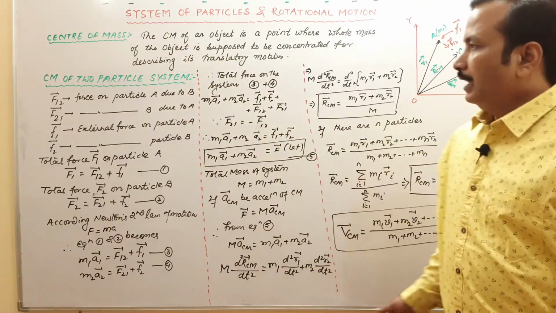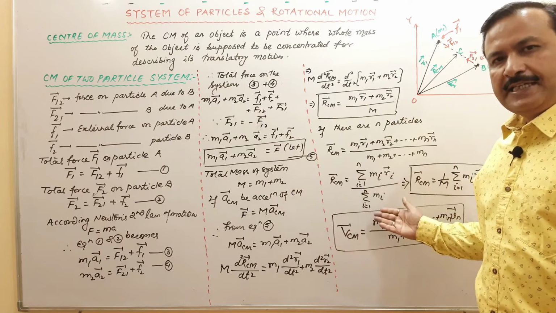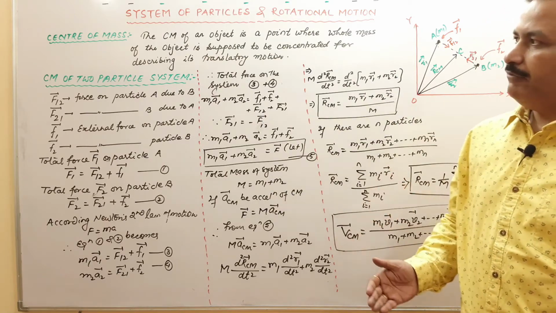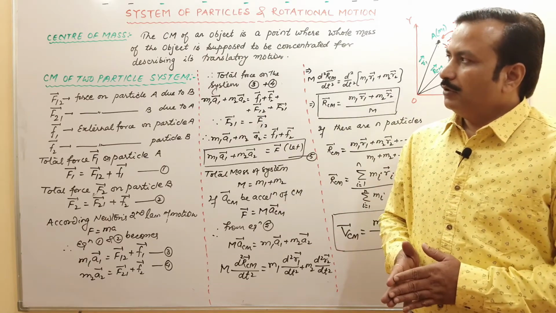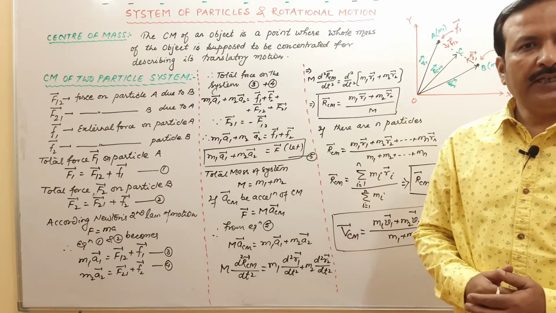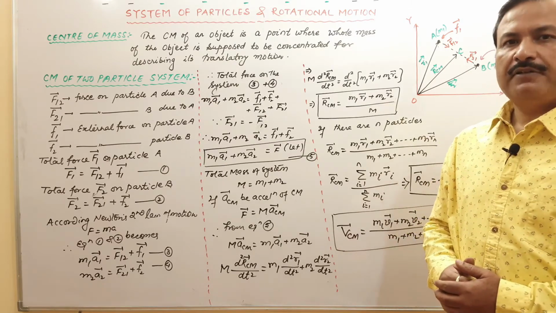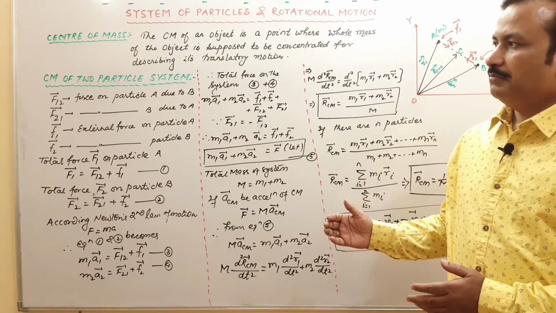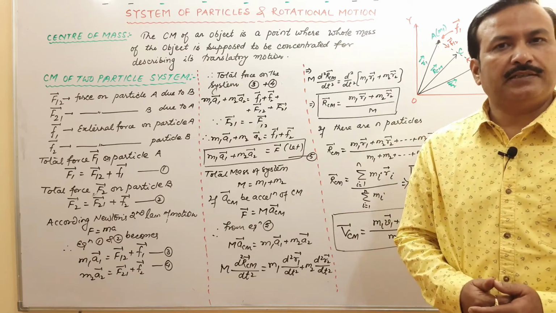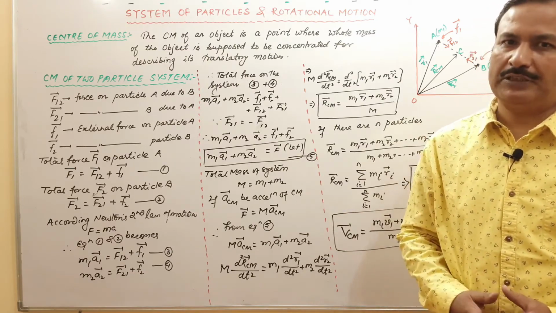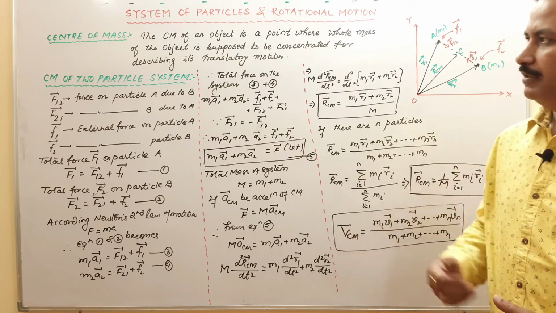Okay, I hope the derivation is very easy and clear to you. We will now discuss how we can write this in Cartesian coordinates, and if the mass distribution is continuous, what the formula is. Let's have a look at it.